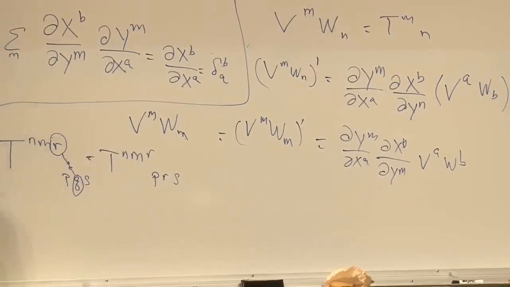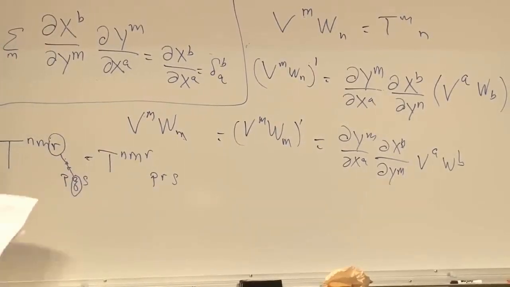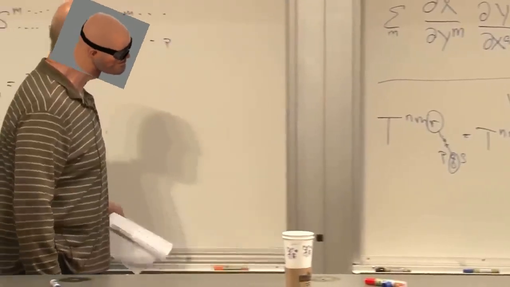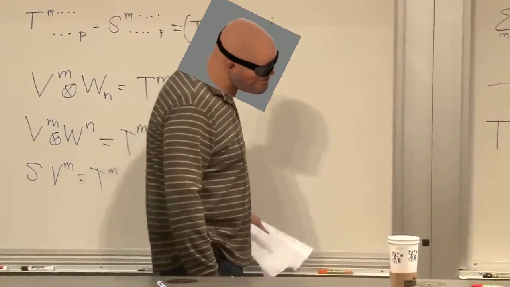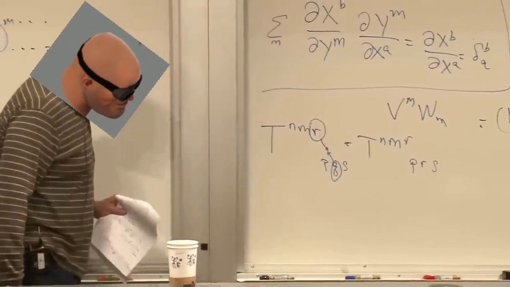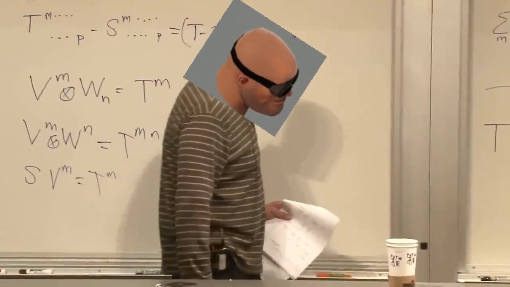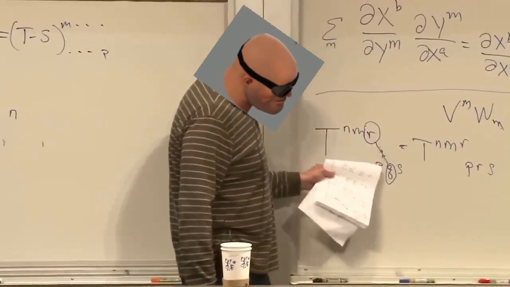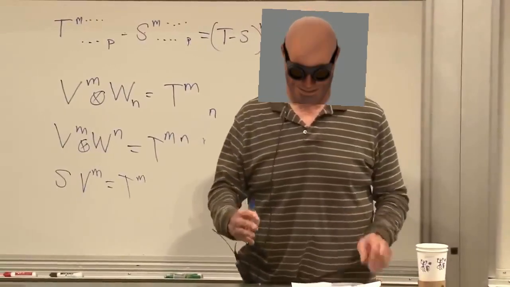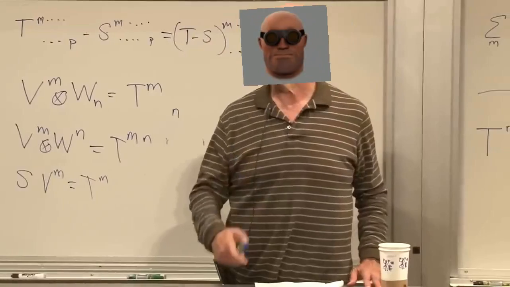Is it really a 6-indexed object? No. Because I've summed, the R is not really an index anymore. It's been summed over. So this is a 4-index object. I've taken a 6-indexed object, in other words, a tensor of rank 6, and by contracting an upper with a lower index, I have lowered the rank of the tensor by 2.